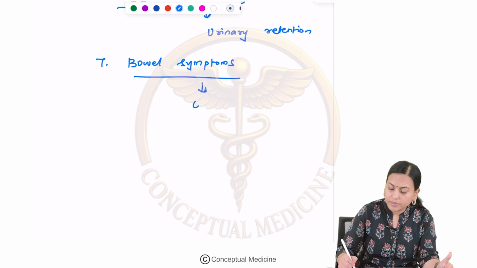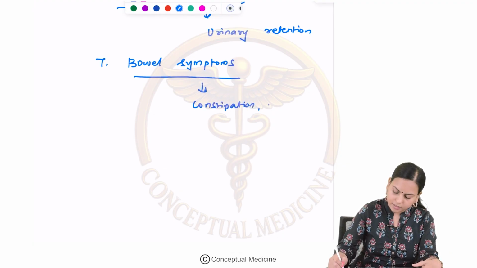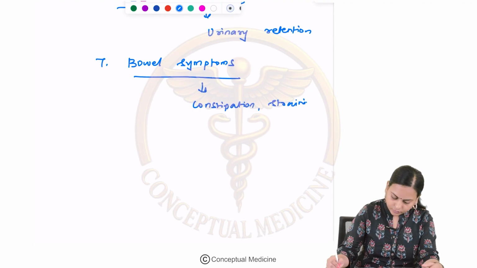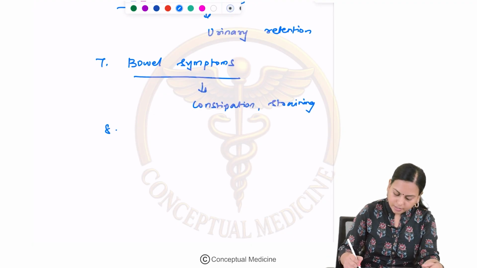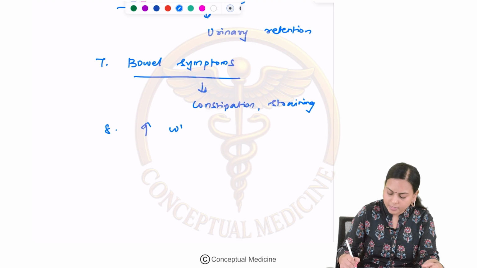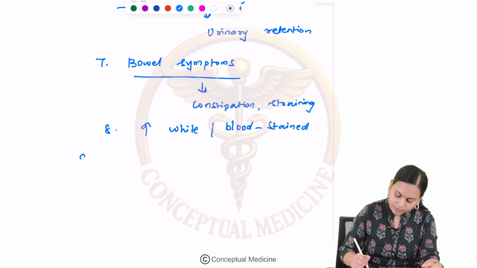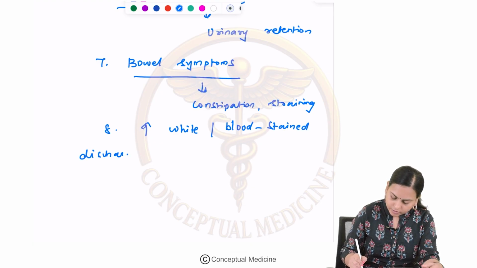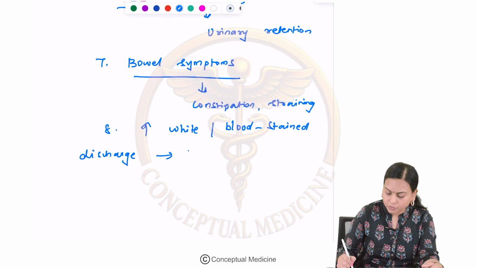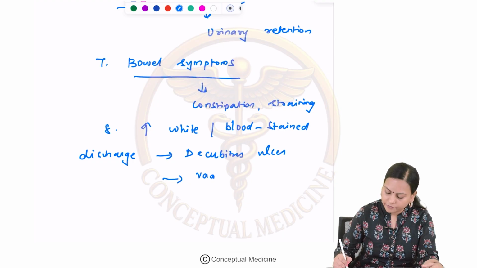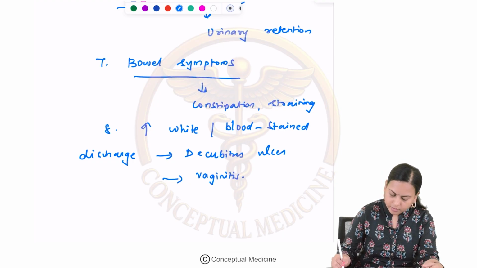Bowel symptoms will include constipation and straining, and sometimes there can be increased white discharge or a blood stained discharge as well, that is going to be associated with decubitus ulcer or vaginitis. Clear?